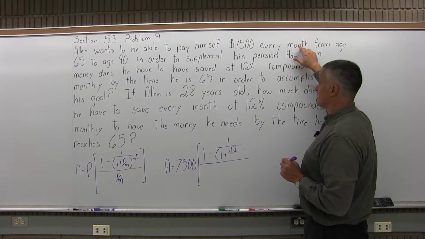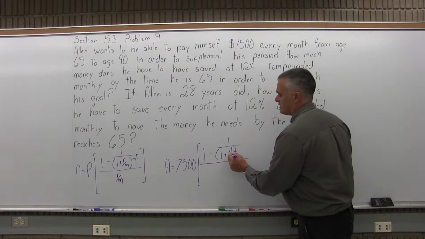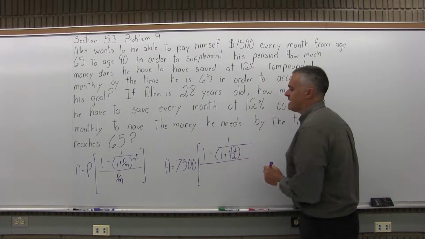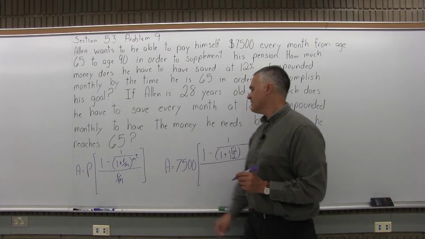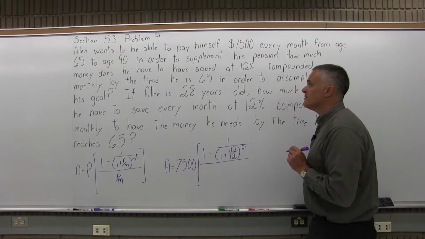So it's monthly. We're doing 7,500 every month, and it's 12% compounded monthly. So the M is 12. I'll close the parentheses. The exponent on the parentheses is M times T. Again, M is the type of compounding and the number of payments made per year. So that's 12 times T.